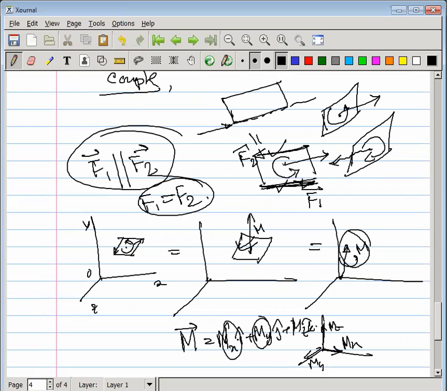These are all magnitudes, and from cos theta we can write mx by M, similarly for the others also, cos theta x.